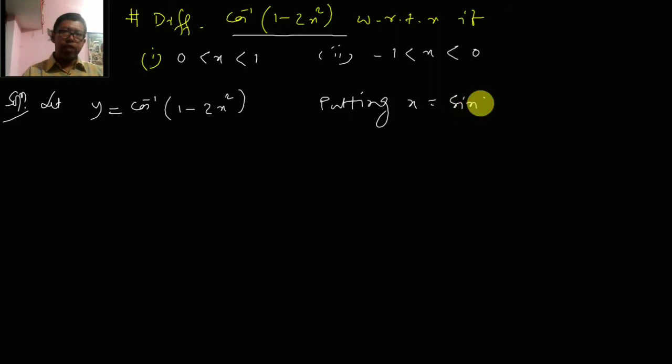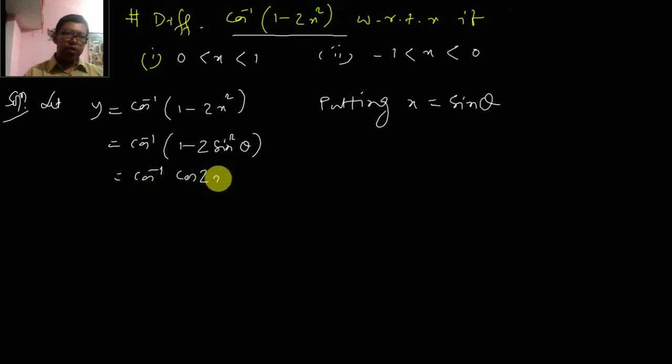Without this you can't evaluate this inverse trigonometric function, because for 1 minus 2 sin square theta there is a formula: 1 minus 2 sin square theta is equal to cos 2 theta. I wrote this earlier. So you have to write cos inverse of 1 minus 2 sin square theta, which is obviously cos inverse of cos 2 theta.